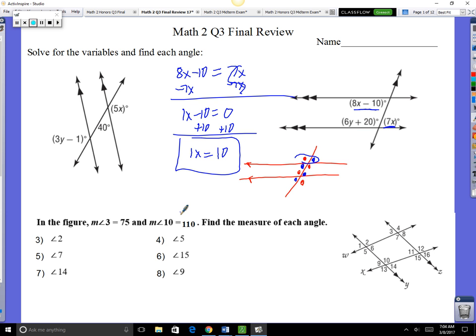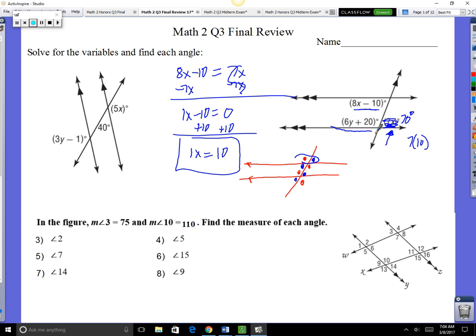Okay, now I'm going to plug that in, because the only way to find y's, I don't have any other y's to compare it with, but if I let x be 10, if I plug that back in to this one right here, the 7x, that's really 7 times 10. So that is a 70-degree angle.